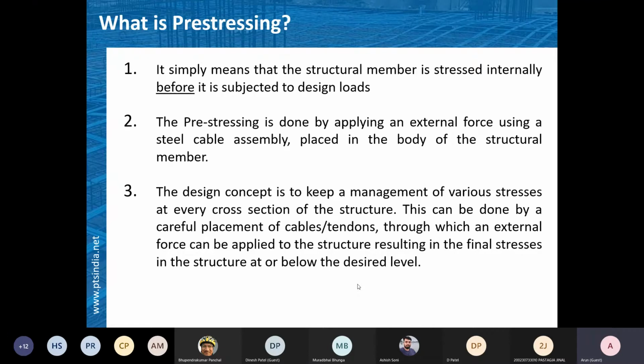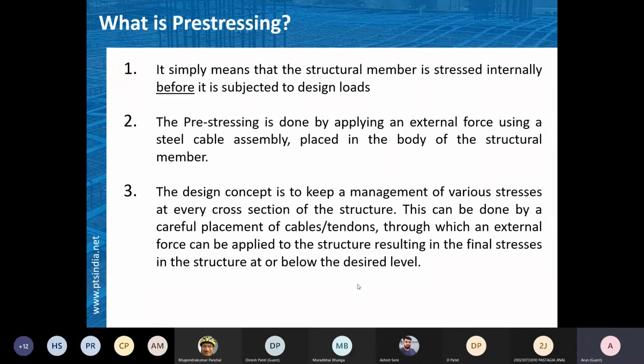So in design, what we are doing is trying to manage the internal stresses in the member, such that we can minimize and balance the stresses. Where tension stresses are generated, we try to introduce compressive stresses in that zone, so that tension and compression nullify each other, and we can minimize the overall resultant stresses.